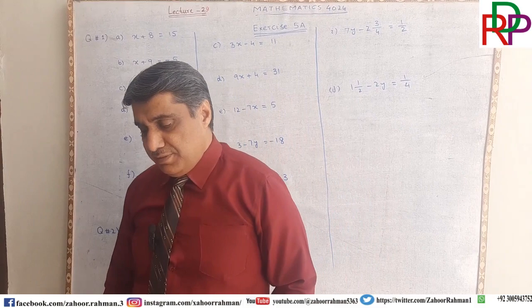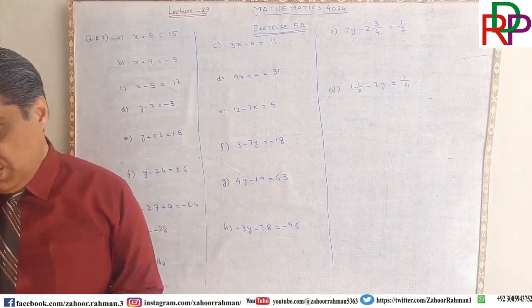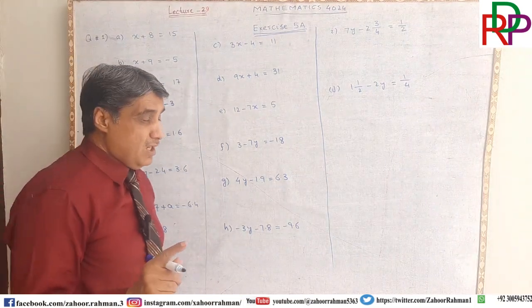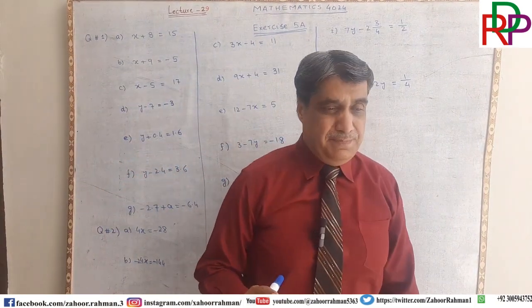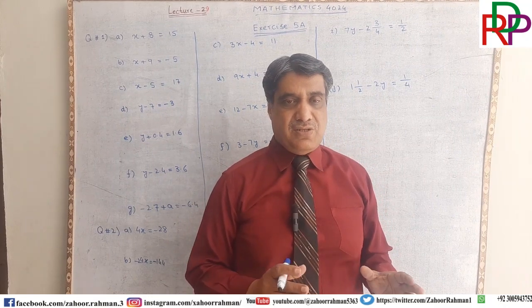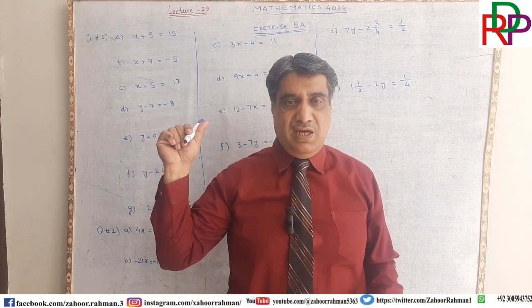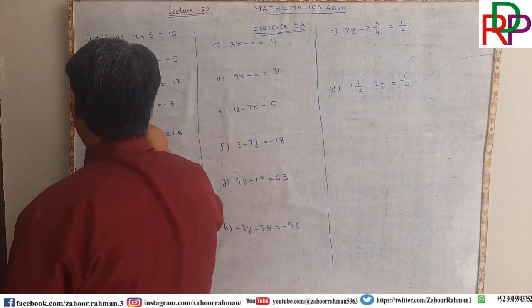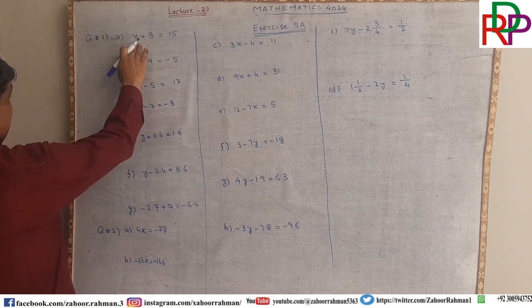Okay, ladies and gentlemen, question number 1 says: solve each of the following equations. I told you in one of the previous lectures that when there is a keyword solve, you have to find the value of a variable. So here you have to find the value of x.